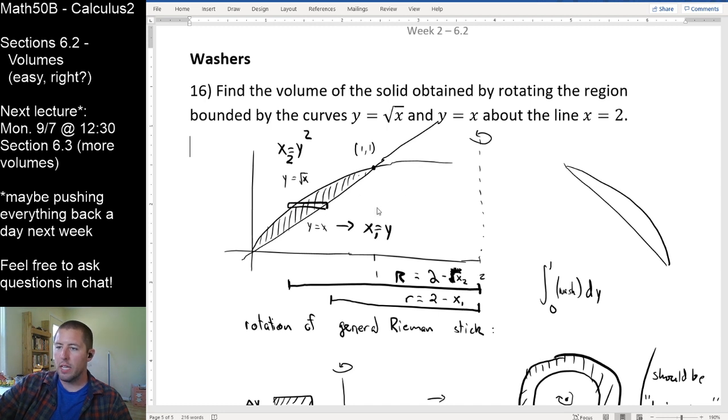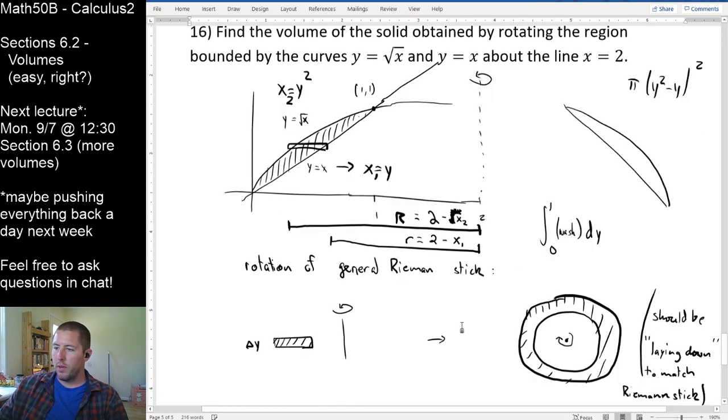X1 minus x2, I guess, would be the width, because the upper bound is this. Oh no, outer minus inner. Outer minus inner, not left and right. Outside minus inside. So the outer here is the y squared, minus the inner here is just y. So it should just be that this is just y squared minus y. Then we multiply it by pi because it's an actual grouping of a circle. So I'm thinking that this really should amount to pi times 2 minus y squared, squared, minus 2 minus y, squared.